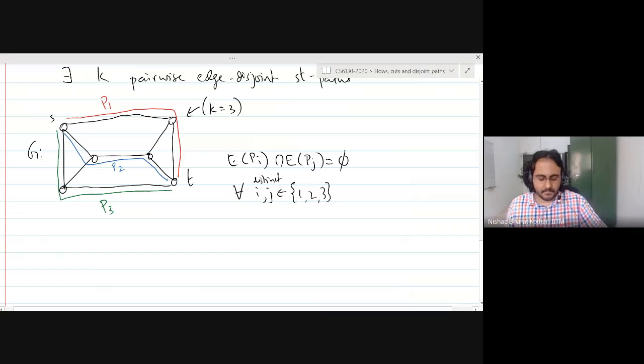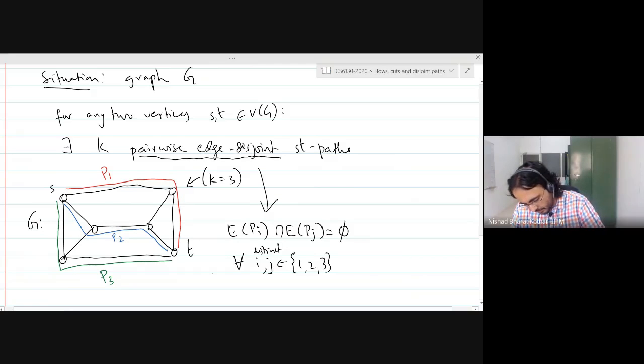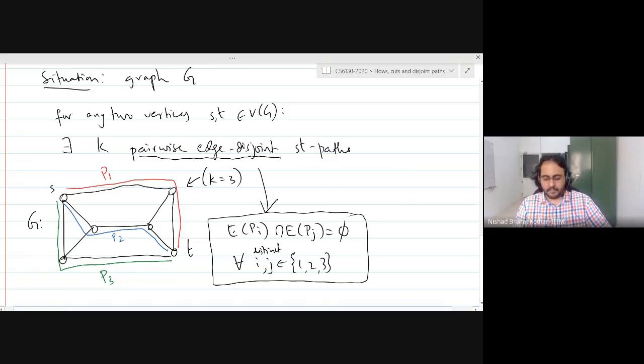So these are pairwise edge disjoint paths. And each path connects the two vertices S and T. So that is what an ST path is.